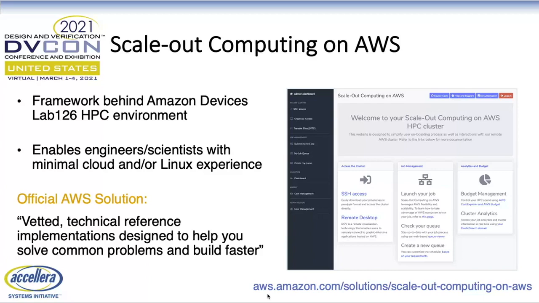And the main purpose is to enable engineers and scientists to be able to run EDA and CAE workloads without actually having to have a deep knowledge of either the AWS infrastructure stack or even Linux.